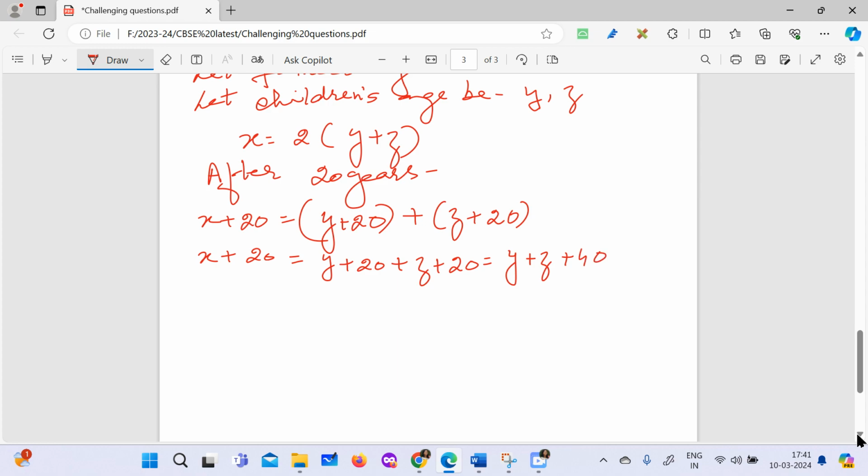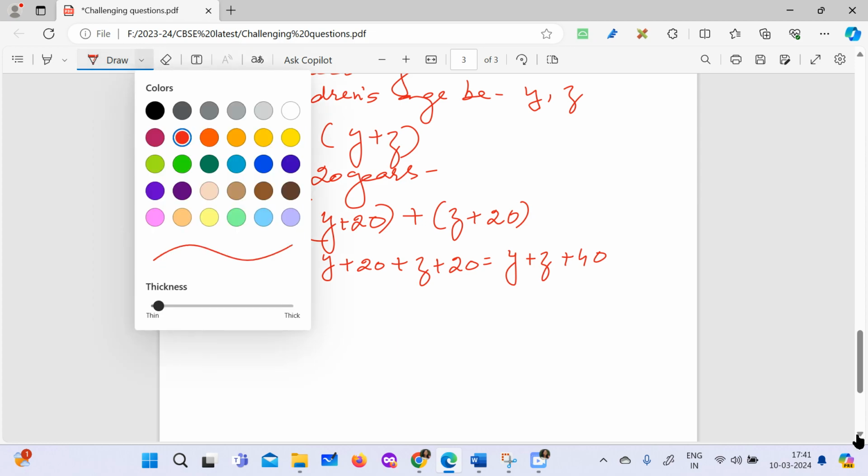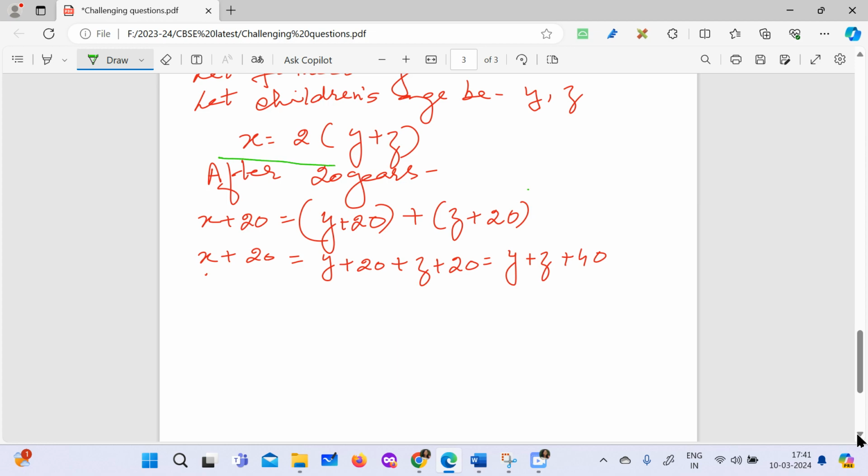Okay, now one thing we can see here. Here we have x and here we have the value of x. Let me mark this as 1. So substitute x equal to 2 times y plus z, let me mark this as equation 2.